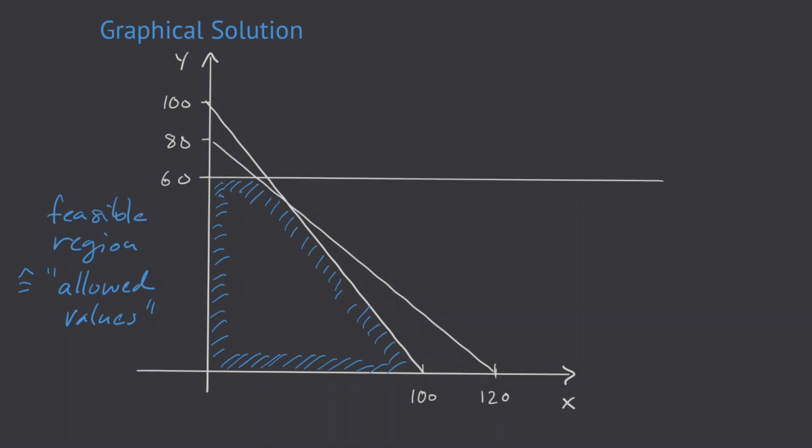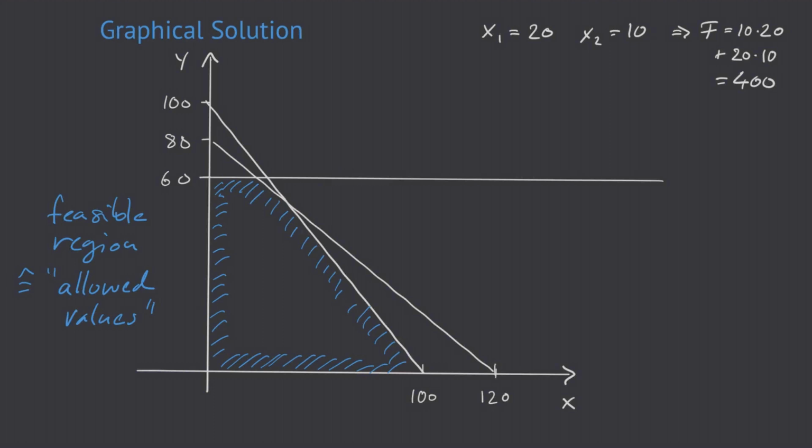Now, what we can do here is we can just look at how different solutions behave. Let's say we were producing x1 20 units and x2 10 units. That would mean that f is 10 times 20 plus 20 times 10, and that's 400. So where is this point that this refers to?